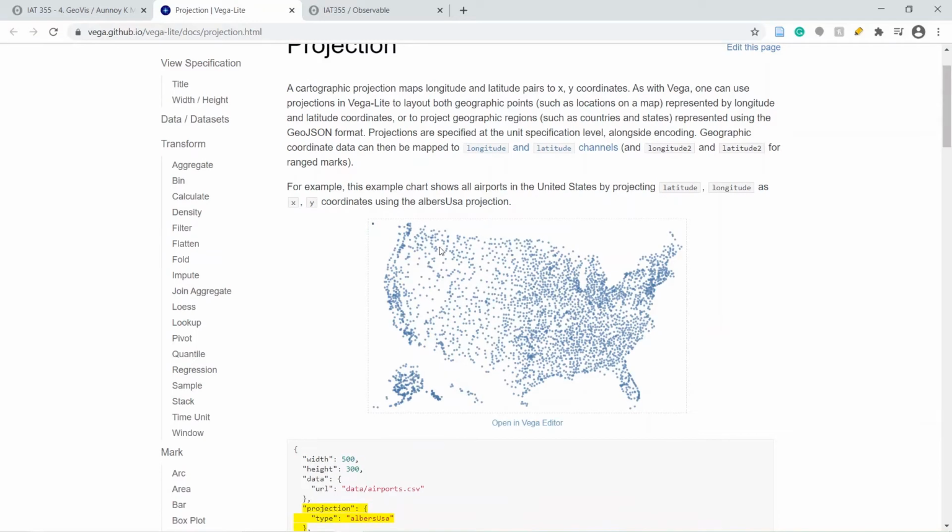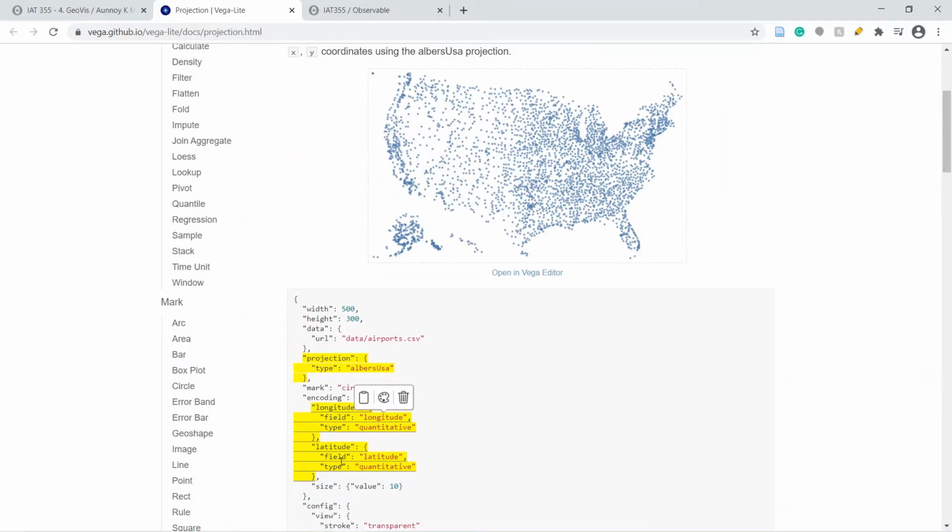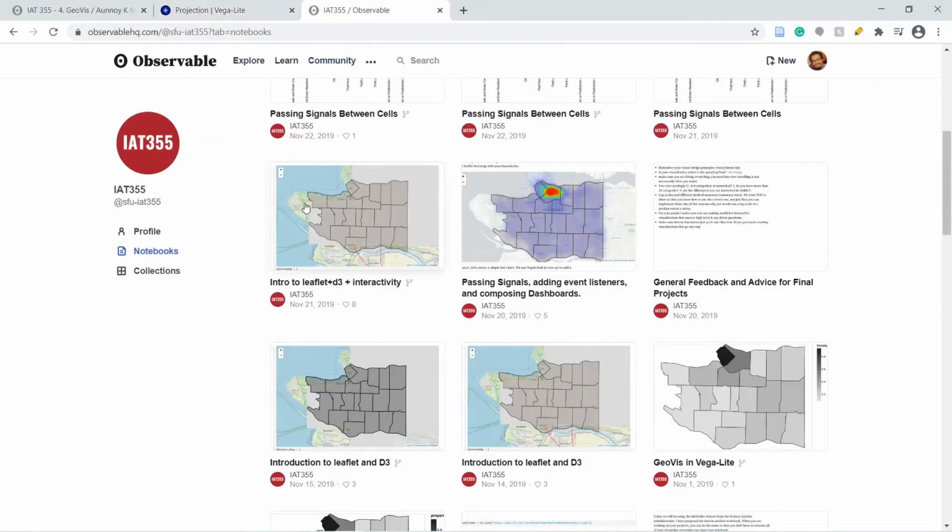VegaLite can project two types of data. One, individual points that have a longitude and a latitude. Also, entire geographic regions, which are not just single points. And instead of using longitude and latitude, we will be using GeoJSON to represent entire geographic regions like countries, states, provinces, and so on.